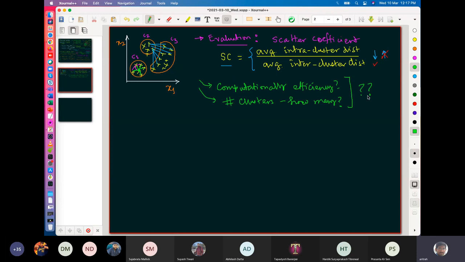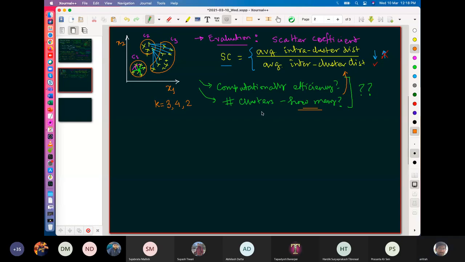But with whatever knowledge we have gathered till now, your questions can have one answer, though it may not be an acceptable answer. You will consider, let's say, number of clusters k equal to 3, k equal to 4, even k equal to 2. You will do that and compute the scatter coefficient, whichever is the best.